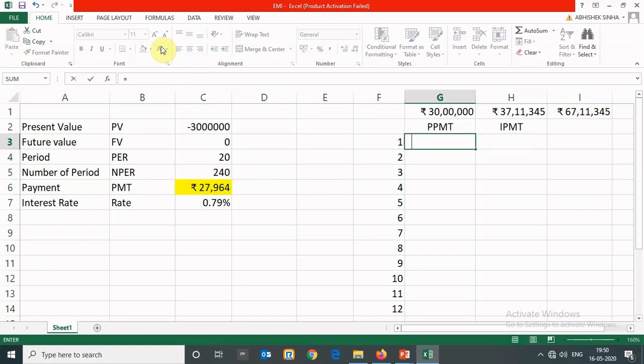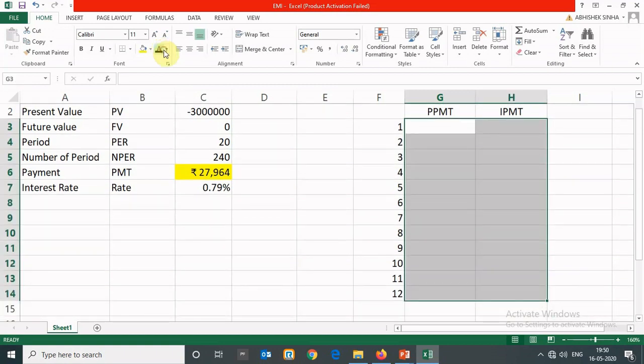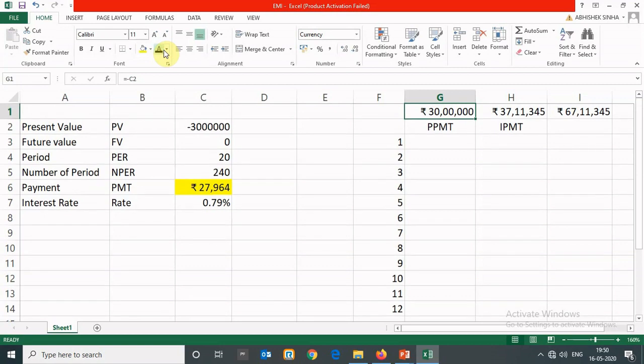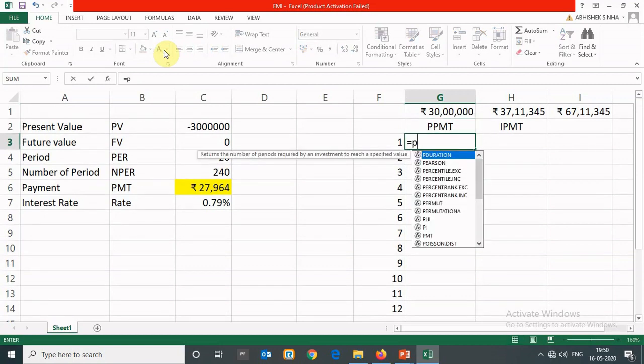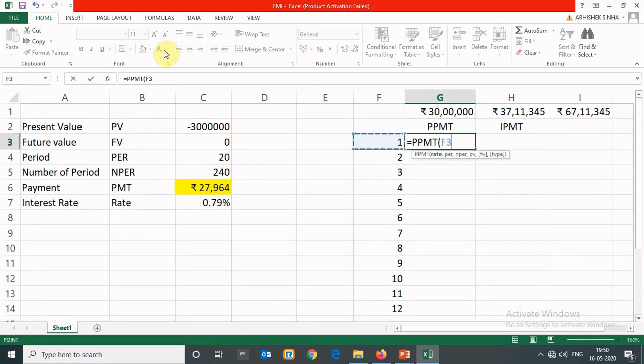So for that we use equal to PPMT. Okay, rate is this, comma, PER is here, it's this. Okay, then NPER is this, then present value is this, then future value is this, and then 0.